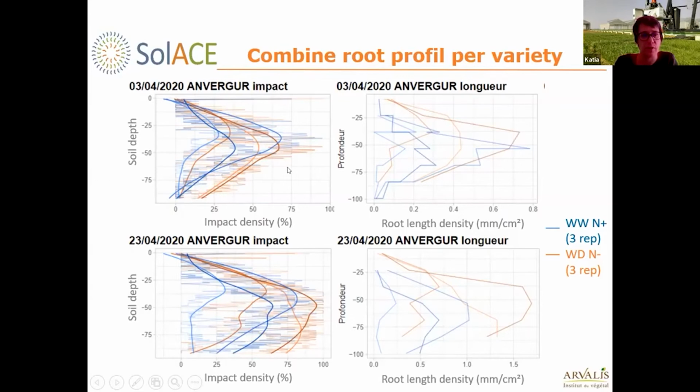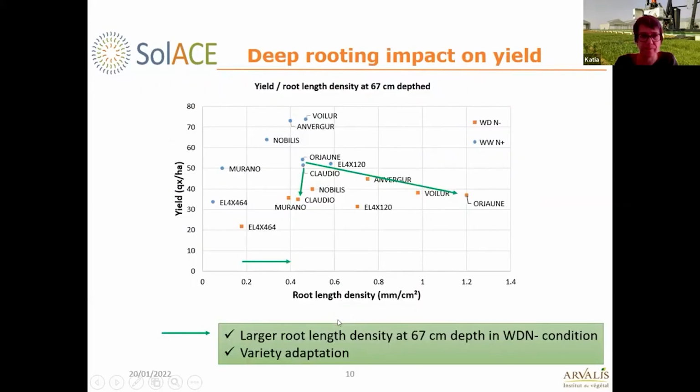We observe a big progression for the water deficit and low nitrogen condition. We compared the deep rooting impact on yield.